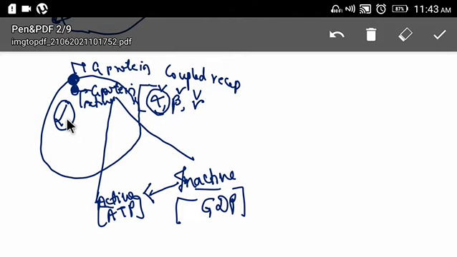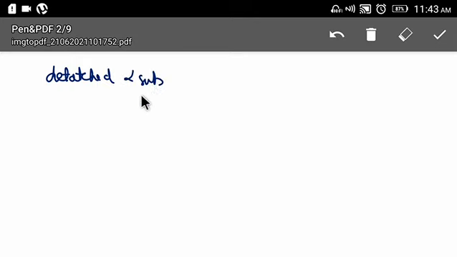will perform any of three functions. Let's see what these functions are. The detached alpha subunit will perform any of the three things.